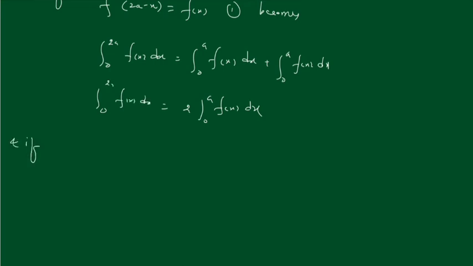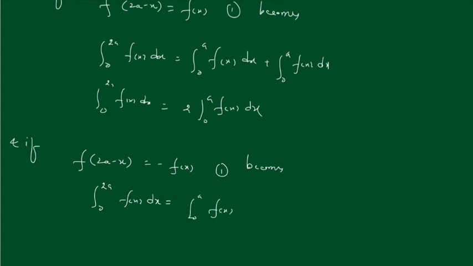And if f of 2a minus x equals minus f of x, then 1 becomes the integral from 0 to 2a of f of x dx equals the integral from 0 to a of f of x dx minus the integral from 0 to a of f of x dx, which equals 0. So hence we proved property number 7 also.